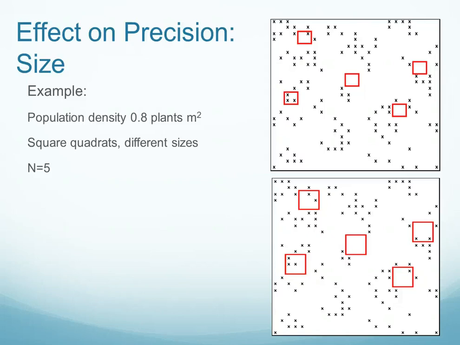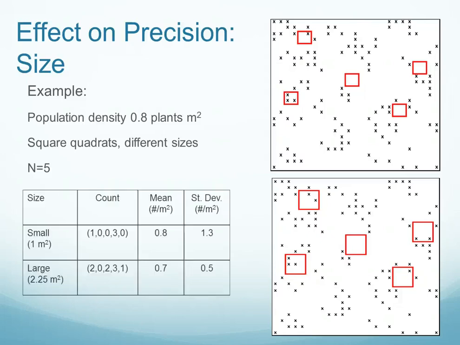Let's take a look at the influence of size on precision. In this case, we have a population of known density, and we're comparing the results that we get just by changing the size of the quadrats. So we're using square quadrats of different sizes. The small ones are 1 meter squared, and the large ones are slightly more than twice the size at 2.25 meters squared.